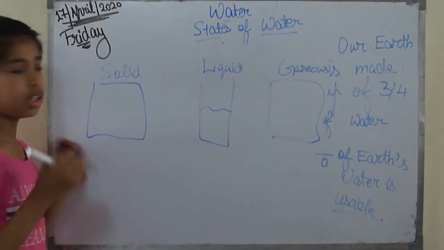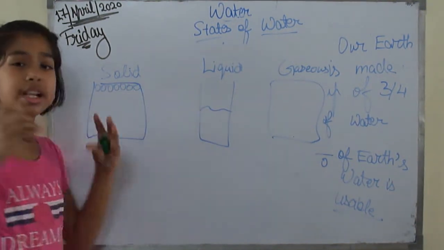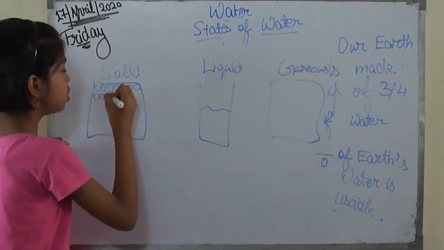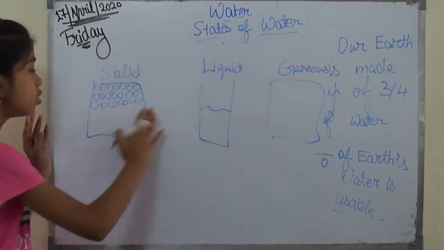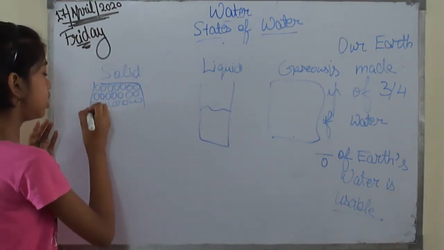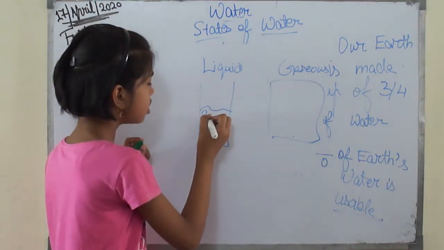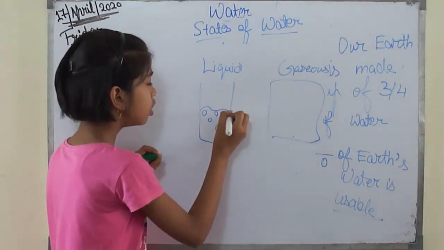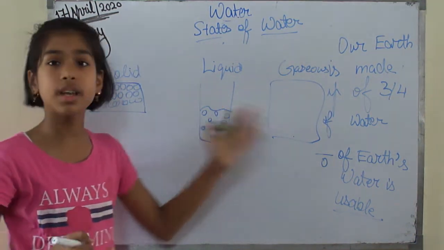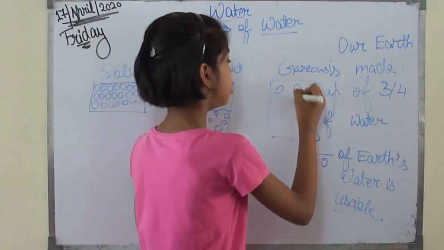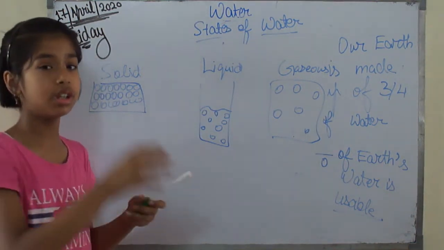In the solid, the molecules are tightly packed, so close to each other that we can't press it, and they have a strong force. In the liquid, the molecules are a little farther away compared to the solid. And in the gaseous, they are very far from each other.